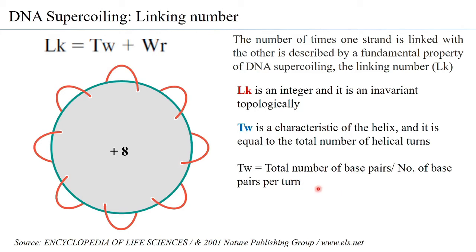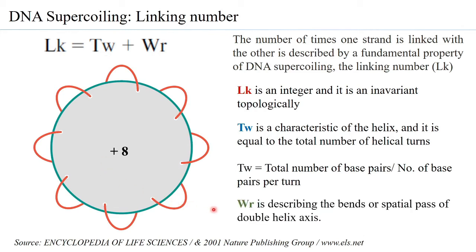So let us consider that we have a DNA which is 1050 base pairs long, and the number of base pairs per turn is 10.5. So 1050 by 10.5 is equal to how much? It is equal to 100. So therefore, the twisting number of that DNA is 100.